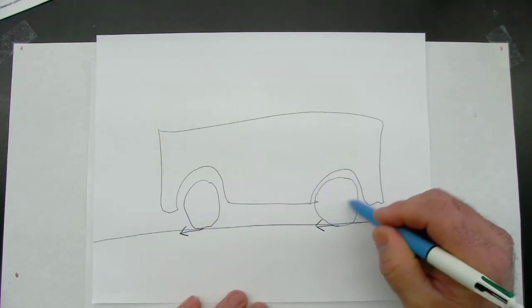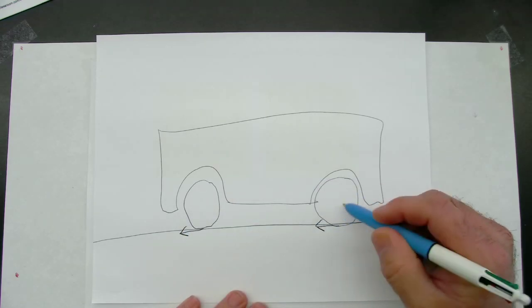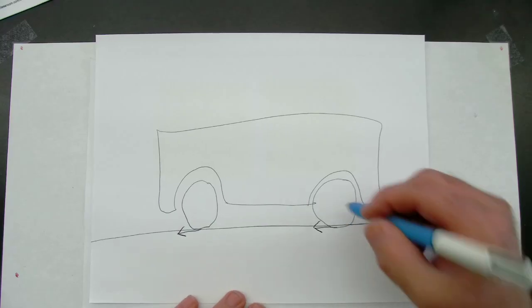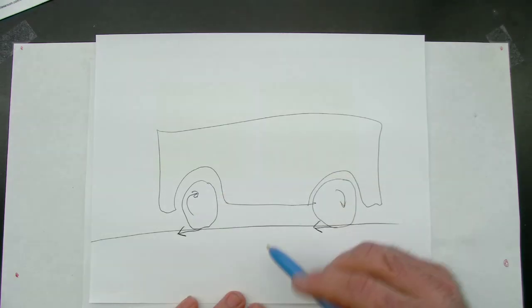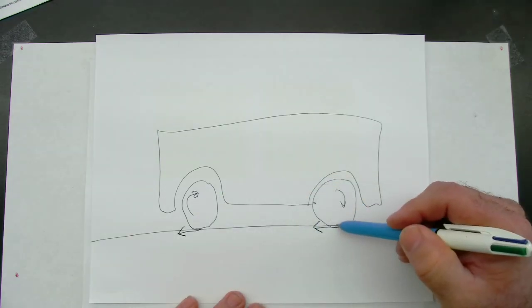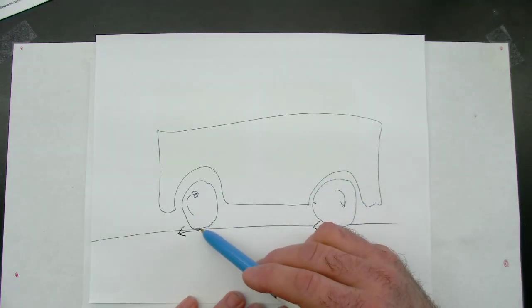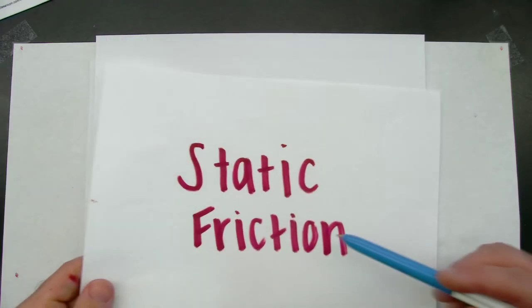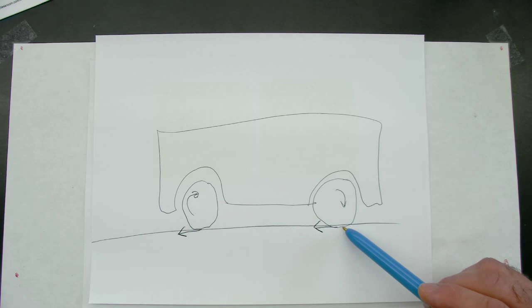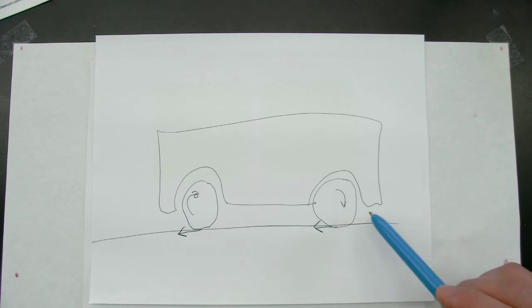Your tires are trying to rotate, this would, of course, be in an all-wheel drive vehicle. If those tires are rotating this direction, there's a friction force. If your tires are not spinning, you're actually dealing with a situation where static friction is the force that's pushing your car forwards.